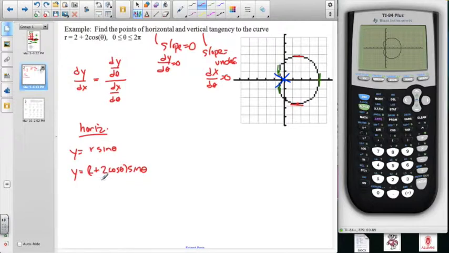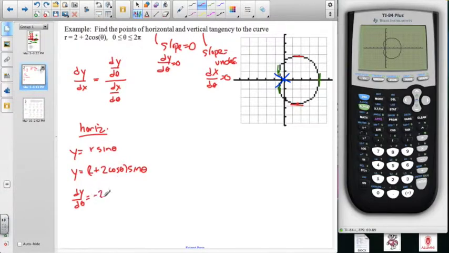And so as we then take the derivative of that, if we want to take the derivative of this, we can just say the derivative of the first times the second. So our dy d theta is, let's take the derivative of this. So the derivative of this is 0 plus minus 2 sine theta.